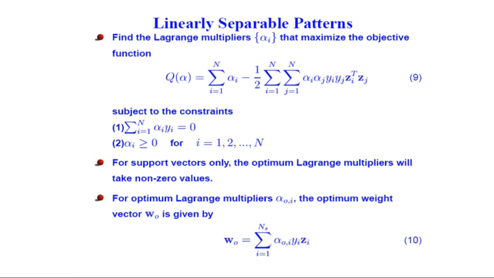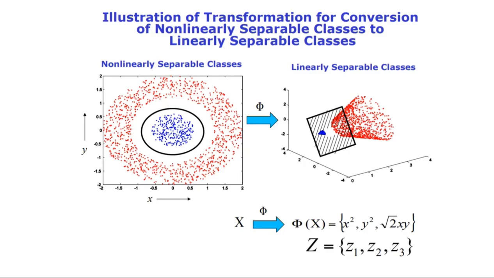The optimum Lagrangian coefficients will be non-zero values for support vectors. For non-support vectors they will be equal to 0. So that is a specialty.